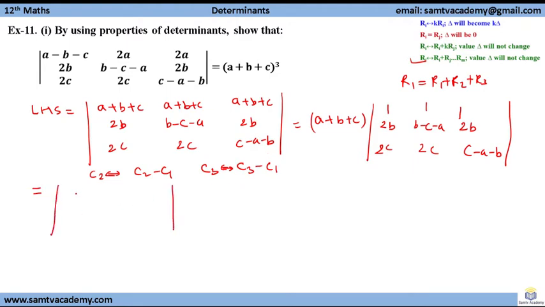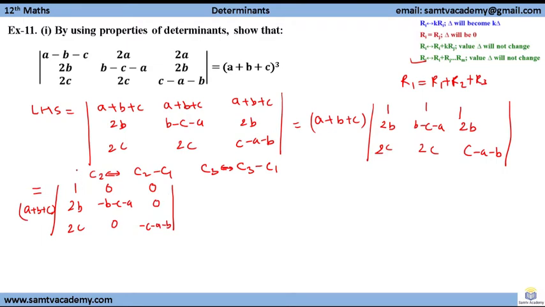A plus B plus C is there, and the first column will be as it is. The second column will be 0, minus B minus C minus A, and this also will become 0. In the last, this is 0, 2B minus 2B cancel, so this is also 0, and this will be minus C minus A minus B.